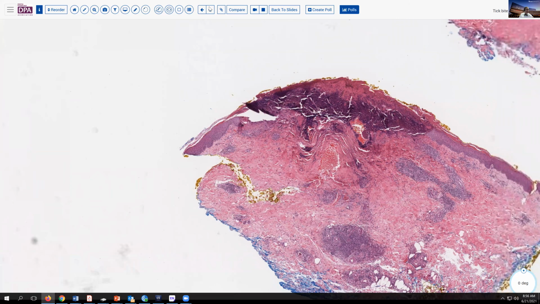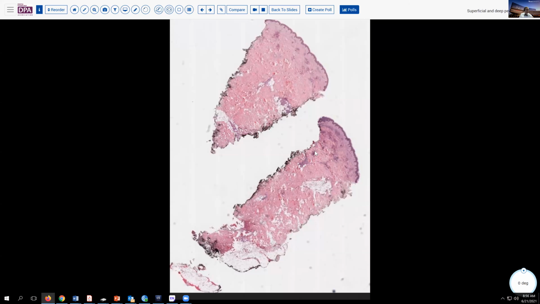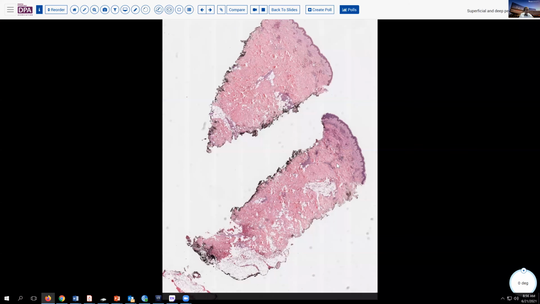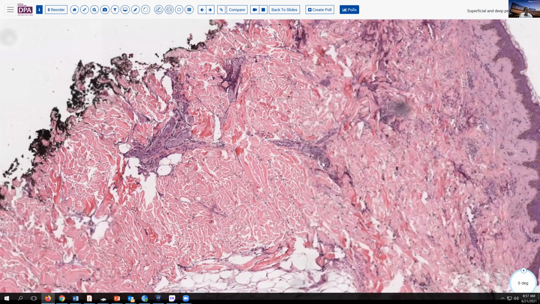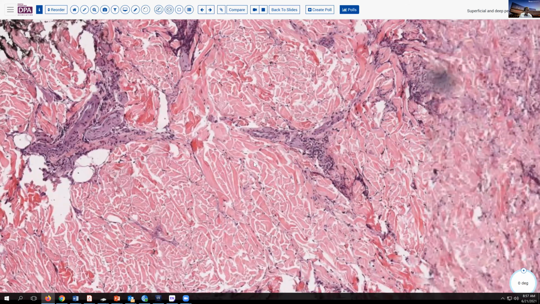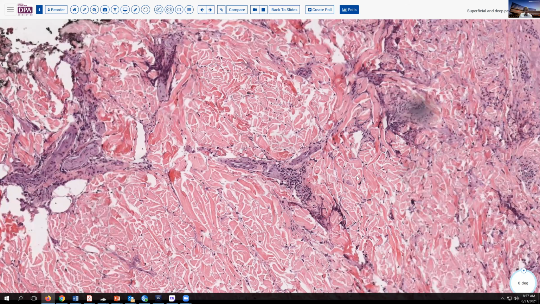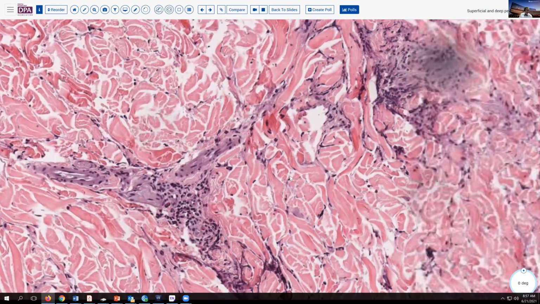Now, other insects that may be a little bit less vigorous may not have quite so dramatic findings. So in this particular situation, we see again, we have a superficial and to some degree deep inflammatory infiltrate. The process is mixed lymphohistiocytic with some admixed eosinophils in here, as we can see.